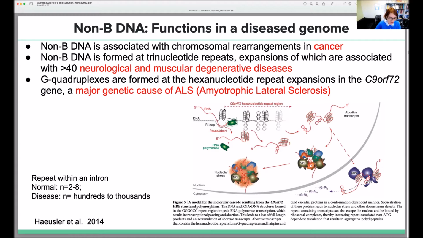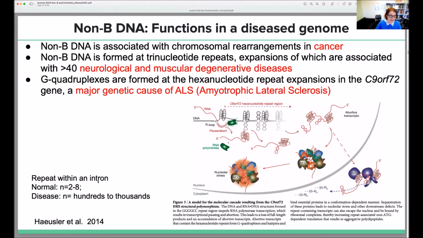So this is how they form in DNA. But then sometimes they can still be transcribed into RNA, okay? And these transcripts then act as magnets, accumulating nucleolar proteins and toxic proteins, mostly within the nucleus, but then also abortive transcripts that lead to accumulation of stress proteins in the cytoplasm.